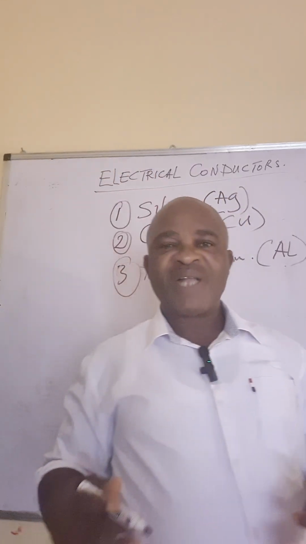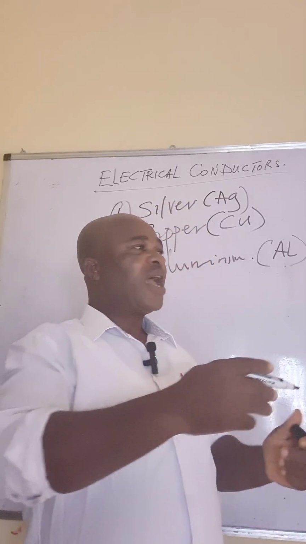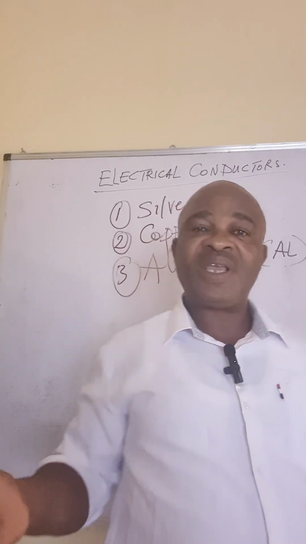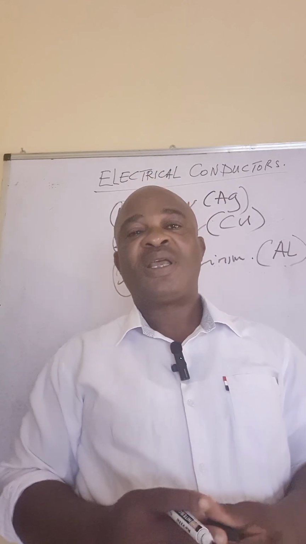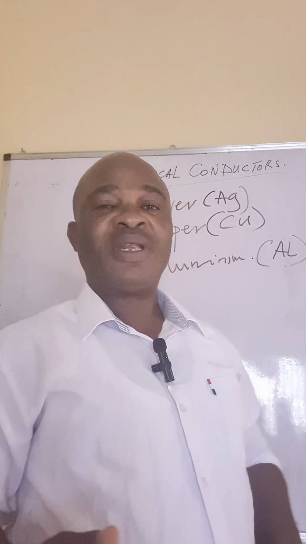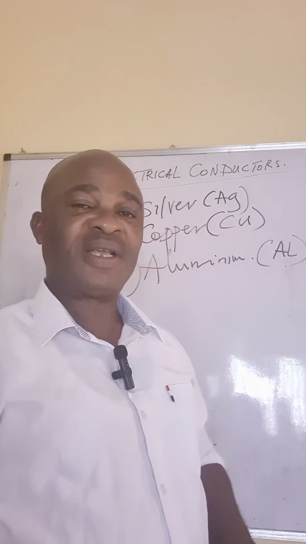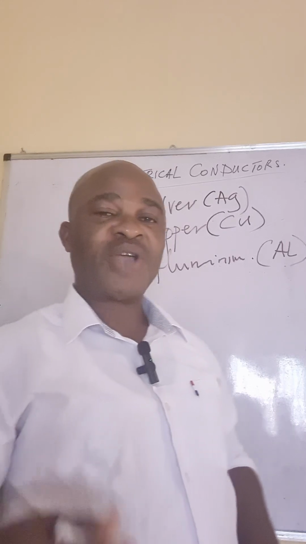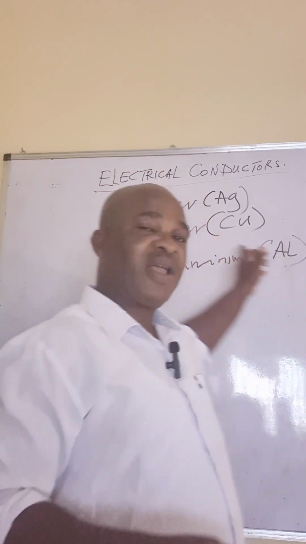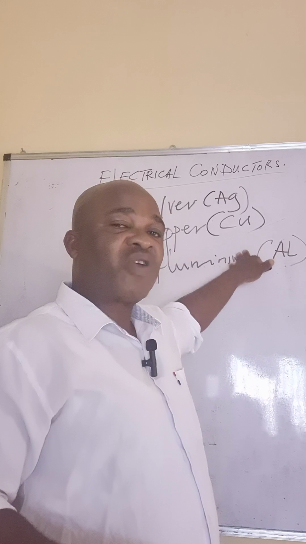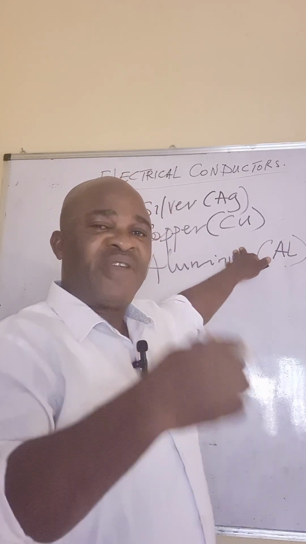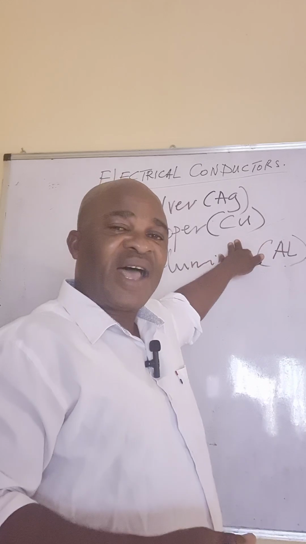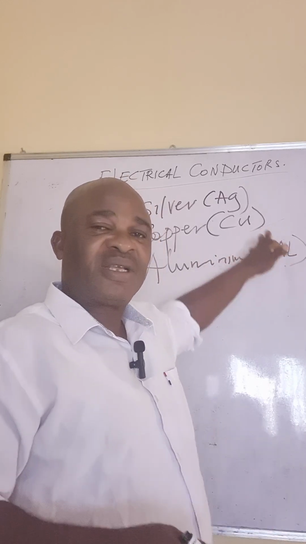You could imagine yourself using, like, a span of 50, maybe step down voltage. Assuming you are using one span of 50 meters, you could imagine how much you are going to pay for silver. So it's expensive. Because of that, even clients don't know that silver is the best conductor.